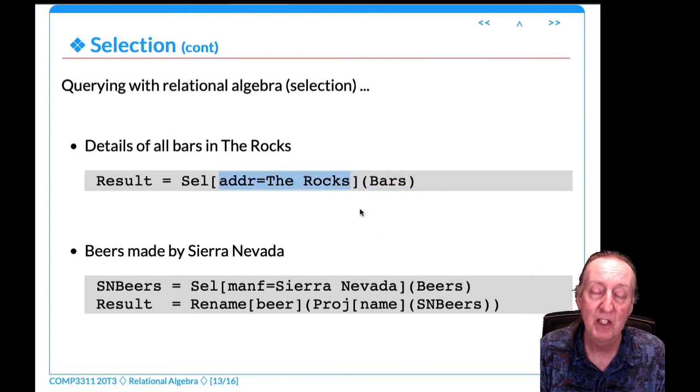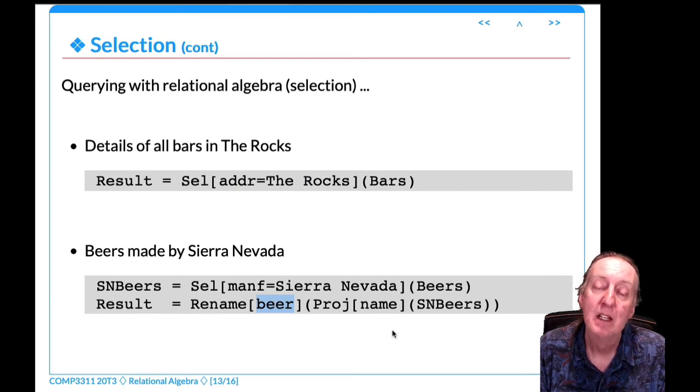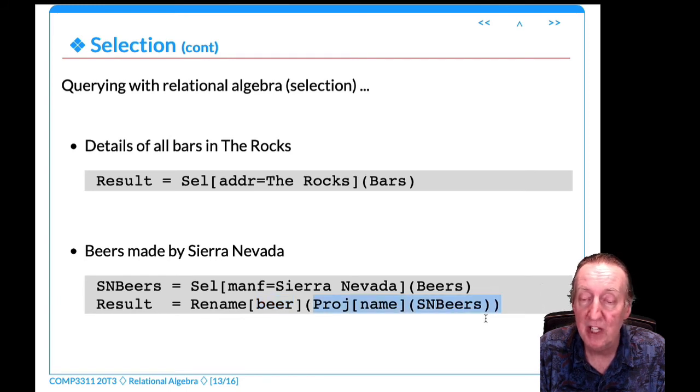just filter out some of the tuples that satisfy this condition. Alright, if I wanted to find out all the beers made by Sierra Nevada, I could do a select where the manufacturer was equal to Sierra Nevada from the beers table, and then I could do a rename. Apparently I want the result to have, if you like, the column heading beer, and I can do that using a rename on a project from the selected beers.